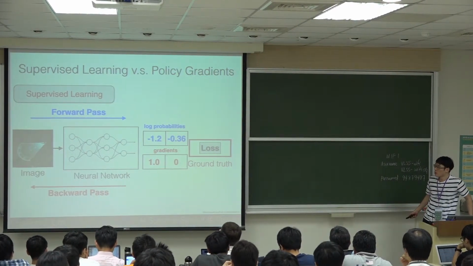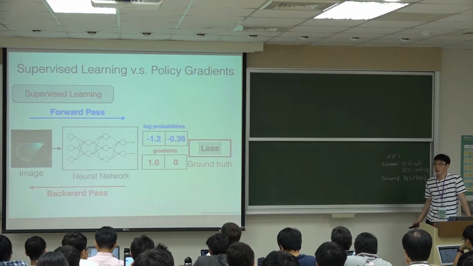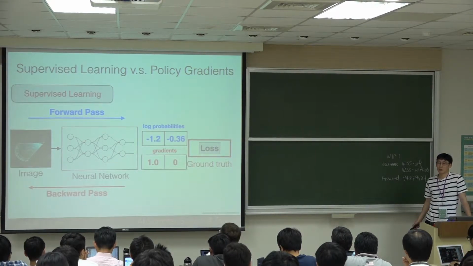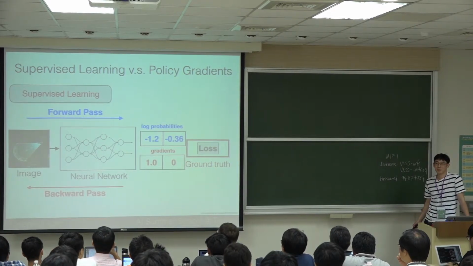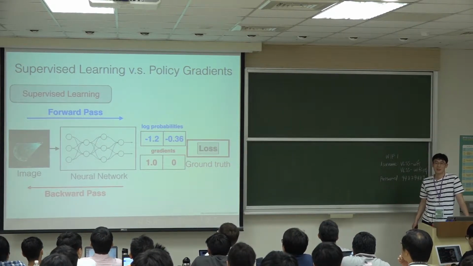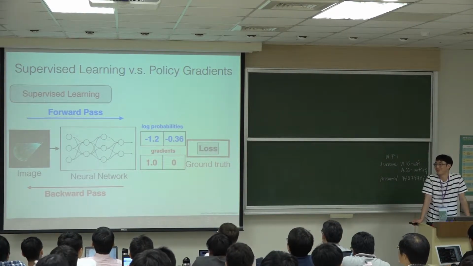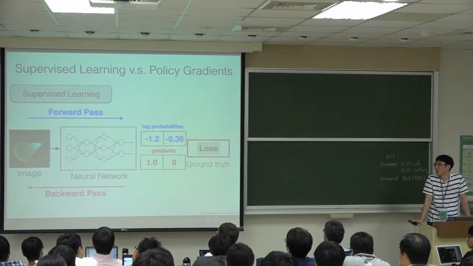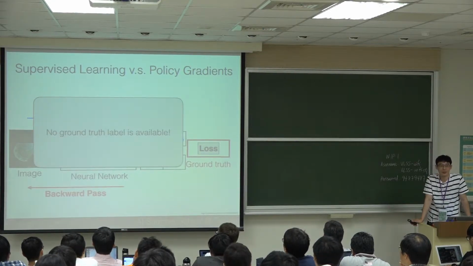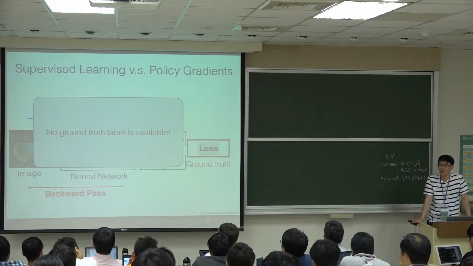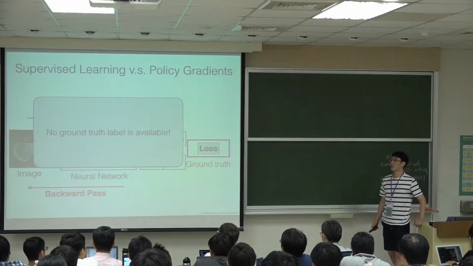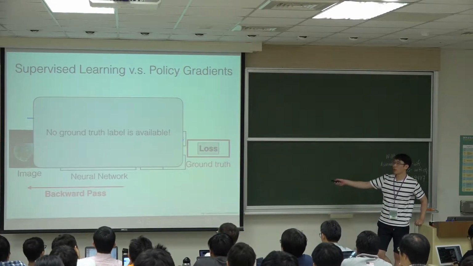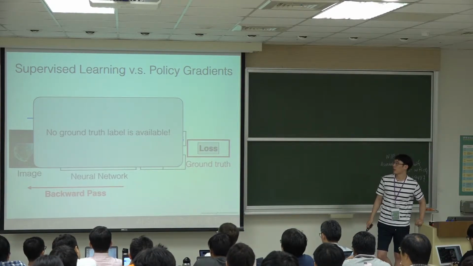But when you apply it to reinforcement learning, what is the problem? The problem is we don't have ground truth. In a reinforcement learning setup, we don't have ground truth to compute a loss function, and that's an issue here.